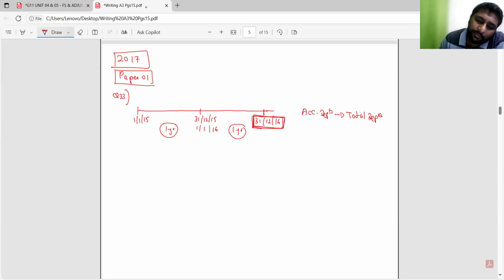So we will calculate the depreciation first. Depreciation equals cost minus scrap, divided by useful life.